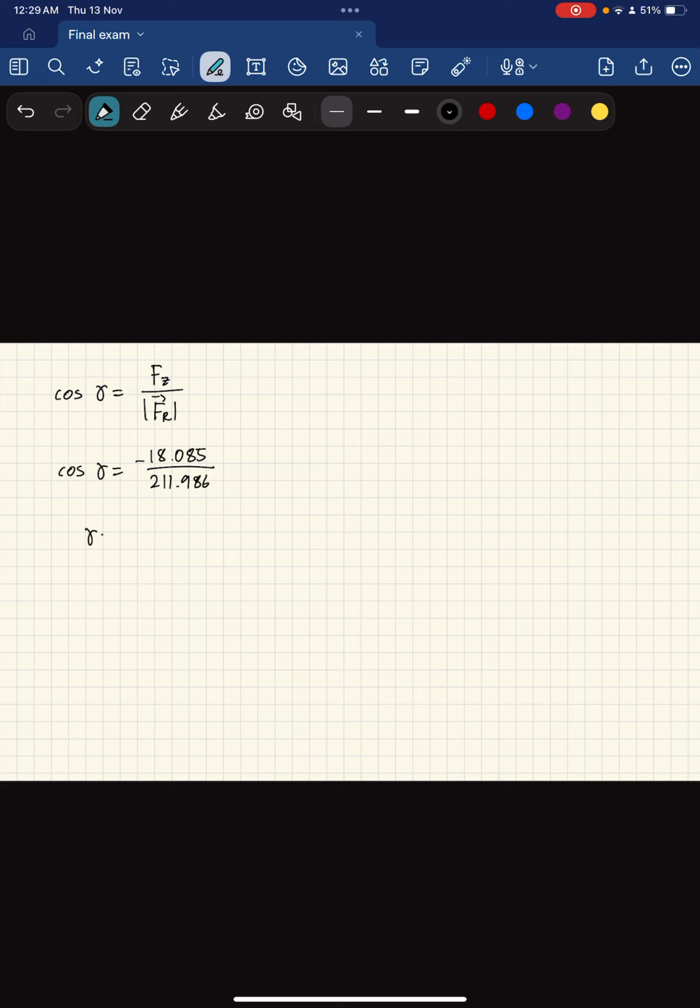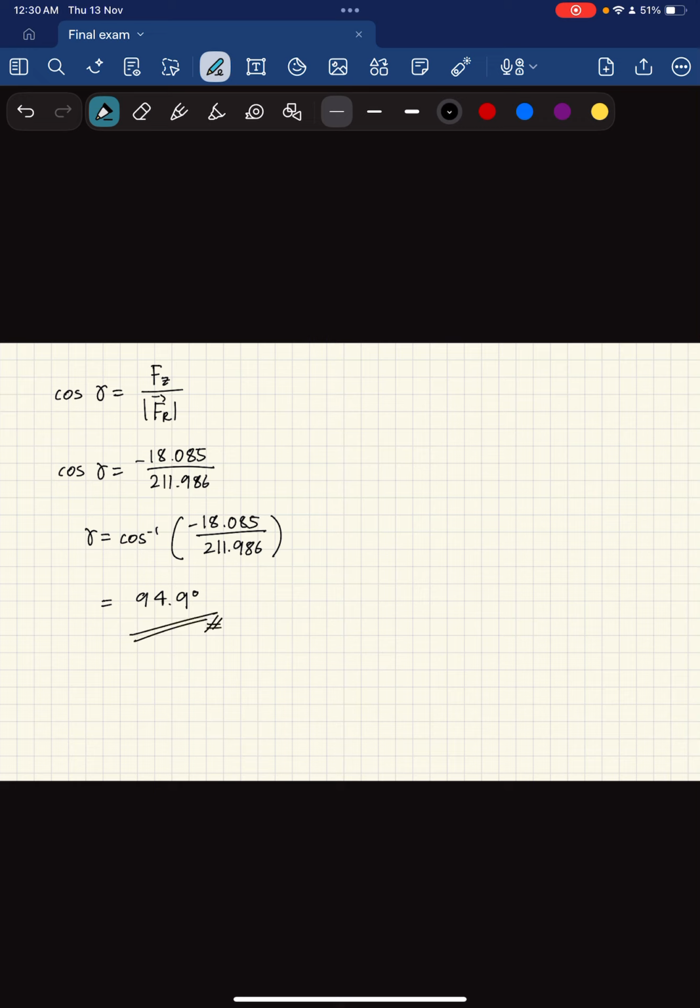Gamma is the cosine inverse of this, which becomes 94.9 degrees. So we've already found our alpha, our beta, and our gamma.